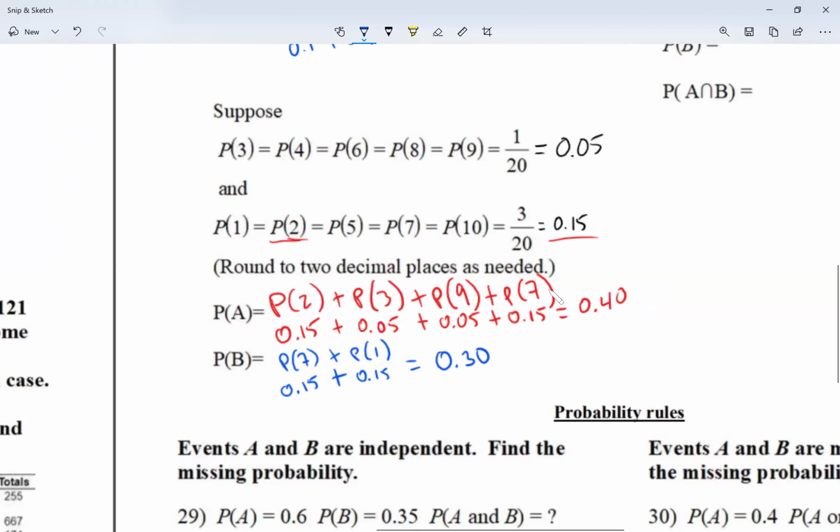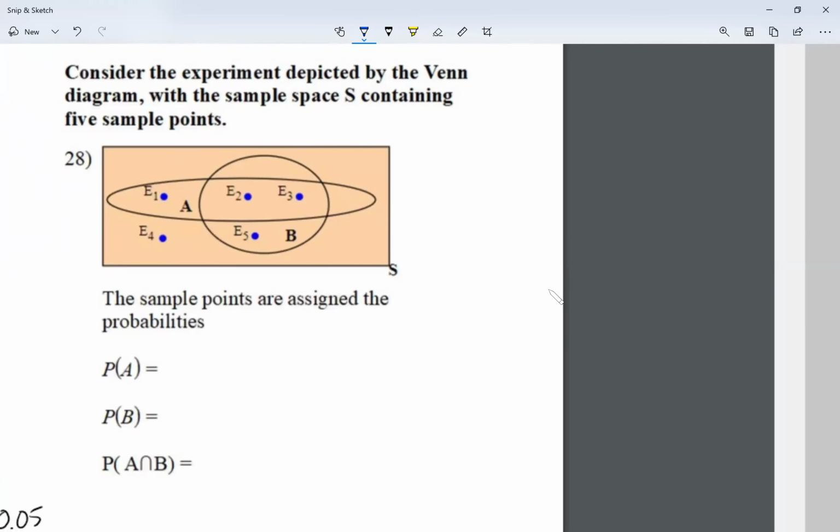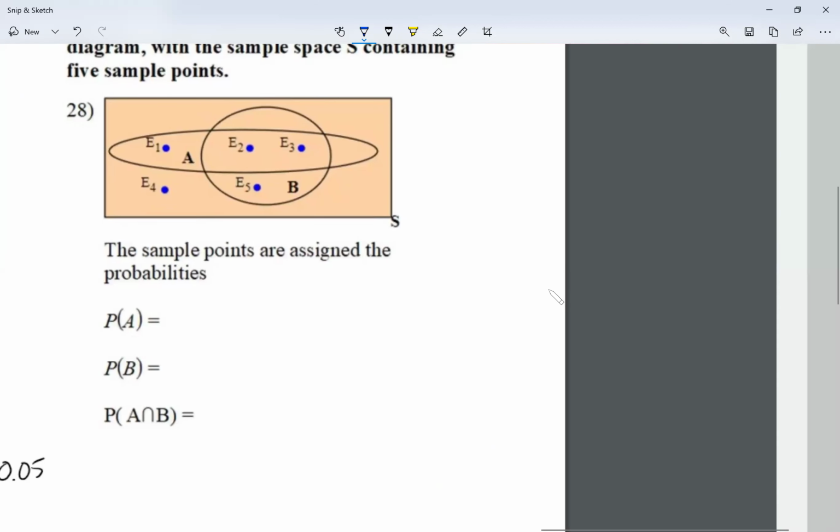Okay. Let's take a look at the next question. Consider the experiment depicted by the Venn diagram with the sample space S containing 5 sample points. So there's 5 points in here. The sample points are assigned probabilities.